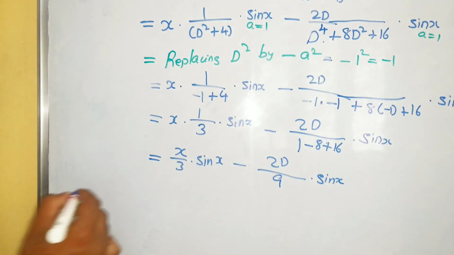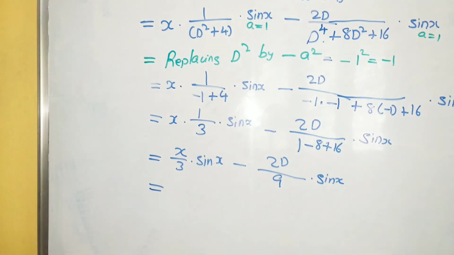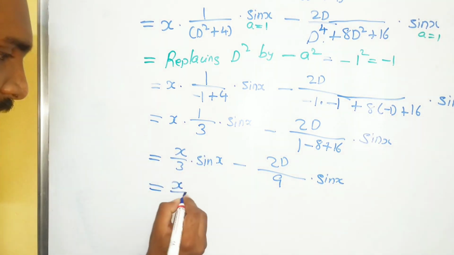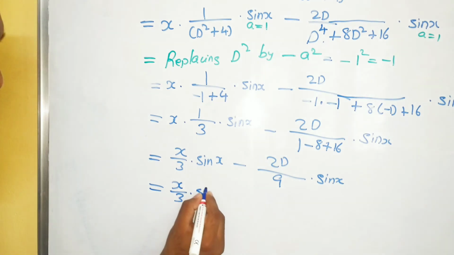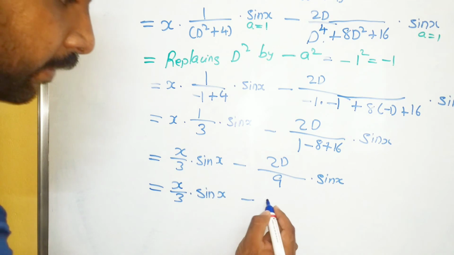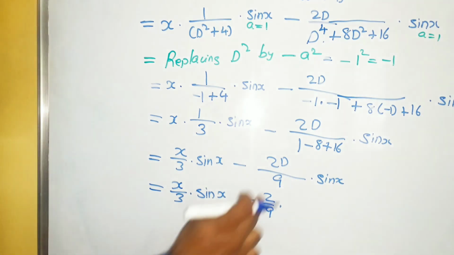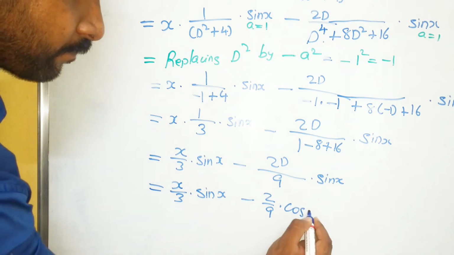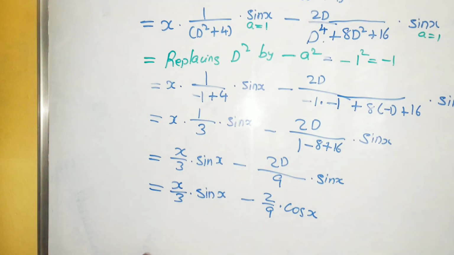Again by going on solving this problem, I can write this as x by 3 into sin x. So we don't have any D term here, differentiation term. So writing as it is, x by 3 into sin x minus 2 by 9 into D into sin x, means differentiation of sin x, that is cos x. So in both terms we have 3s common.